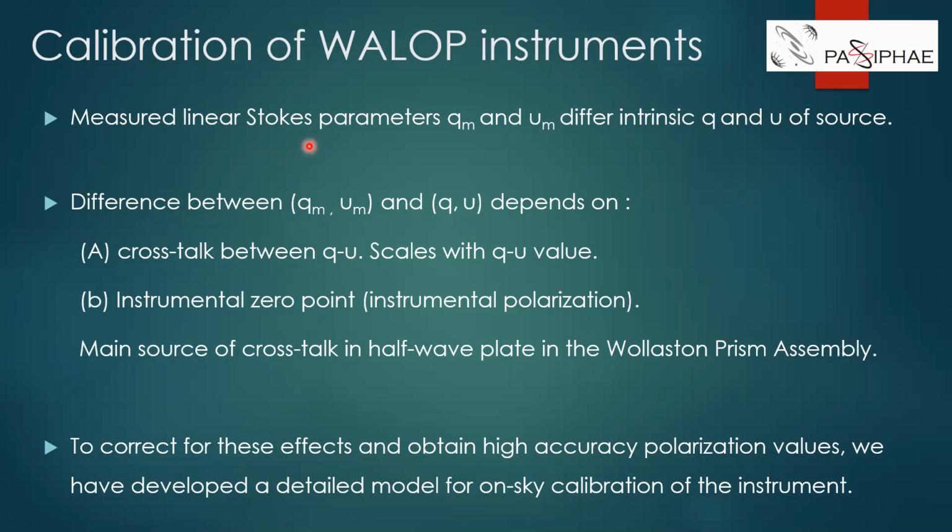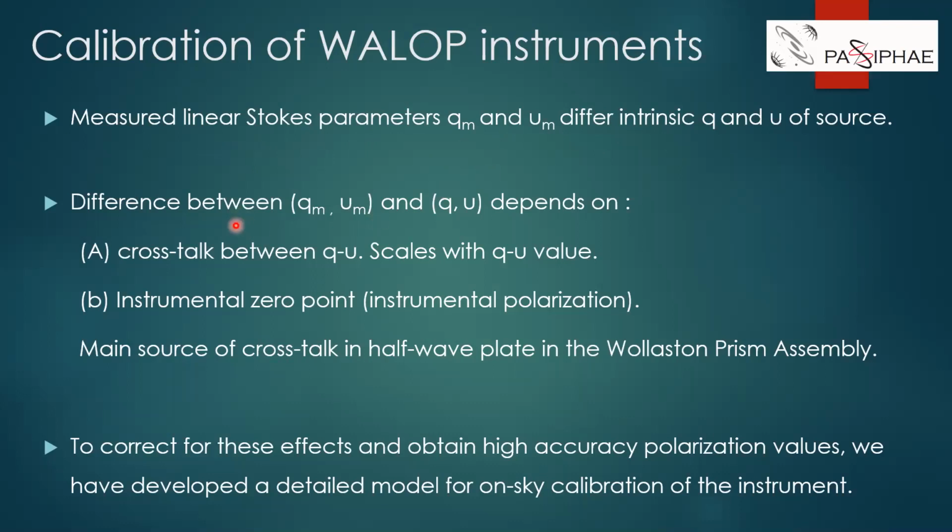In the Wallop polarimeter, depending on the field point in the field of view, the measured linear Stokes parameters, we call them QM and UM, can differ from the intrinsic Q and U of the source. By intrinsic, I mean on-sky Q and U of the source, without any instrumental effects.